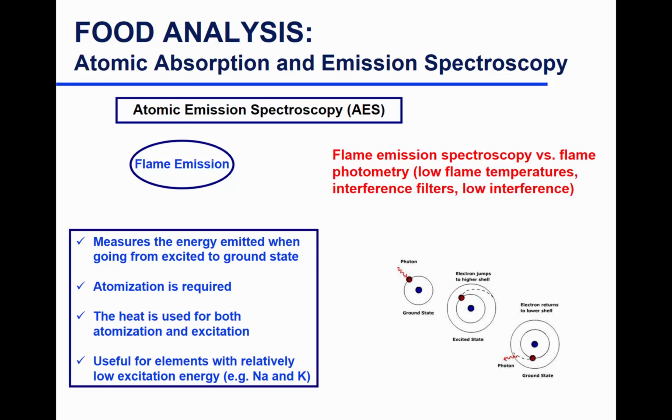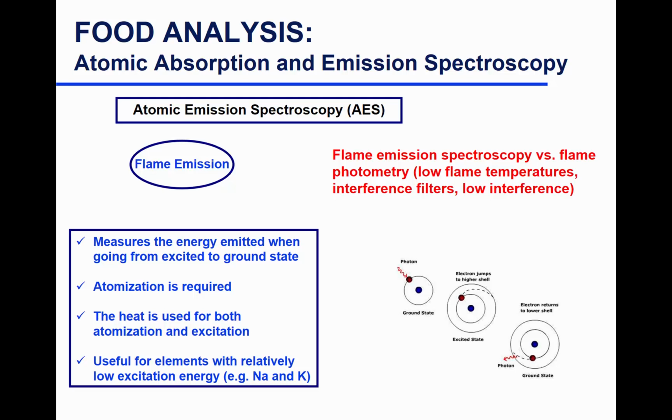Okay. So flame emission: in this case, the flame is the source of atomization and the source of excitation. So here there is basically no lamp. Your sample goes into the flame, is atomized, and is excited, and then the emitted photons of light are what gets measured.